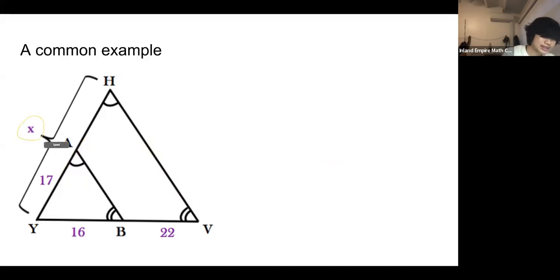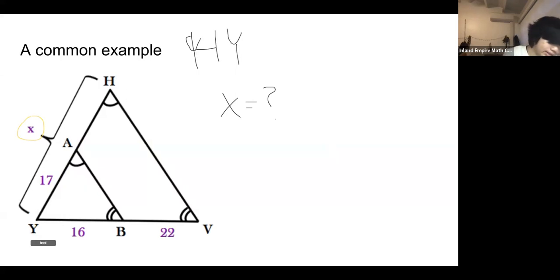So basically what X is. X equals what? X is actually the same thing as HY, so this length right here.